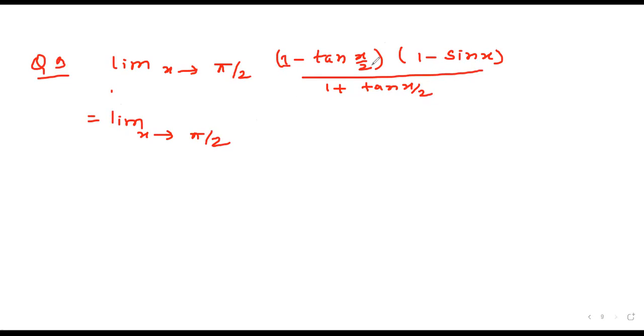Here, 1 minus tan x by 2 divided by 1 plus tan x by 2 can be written as tan pi by 4 minus x by 2.